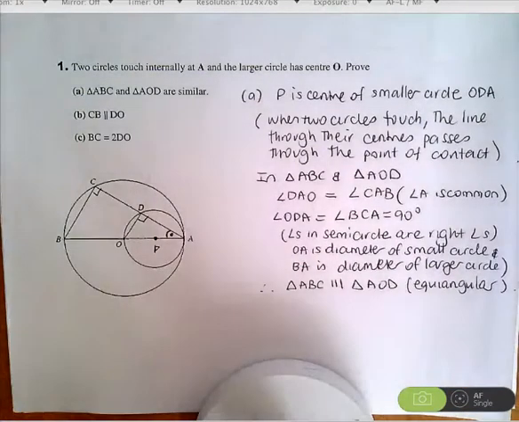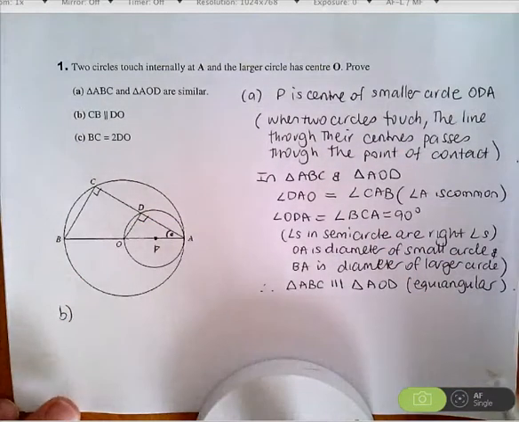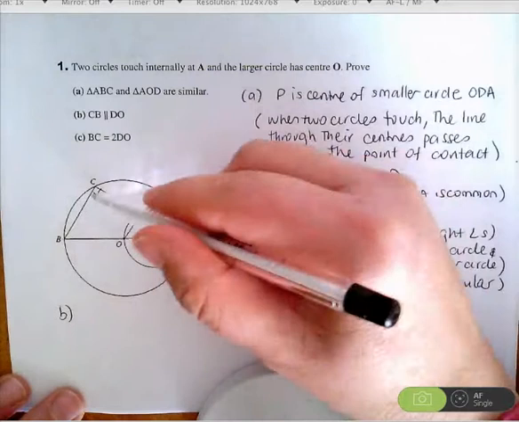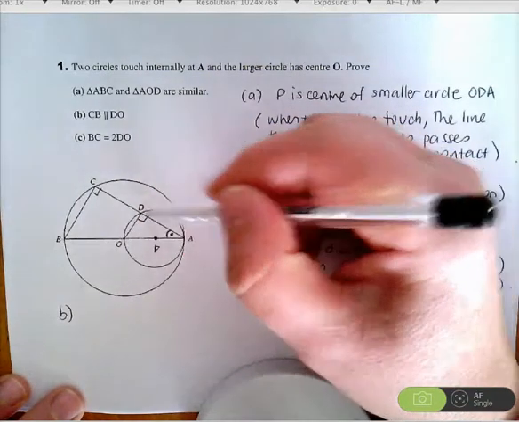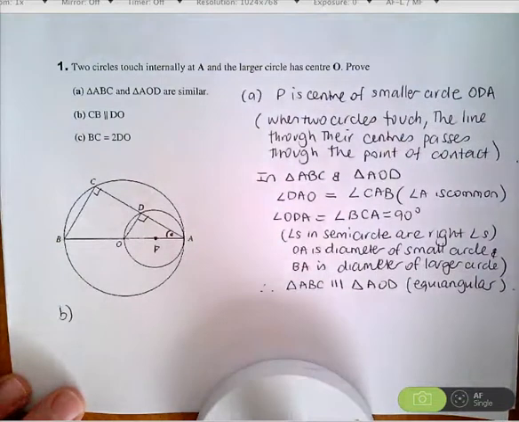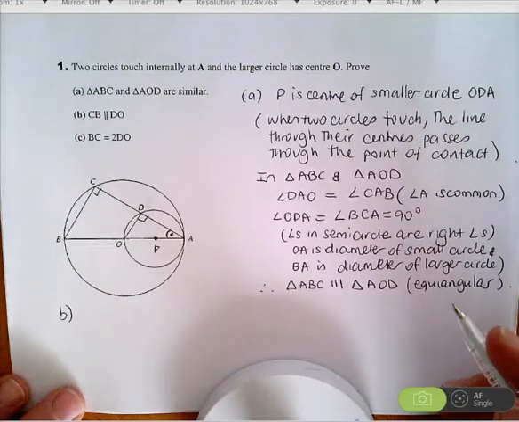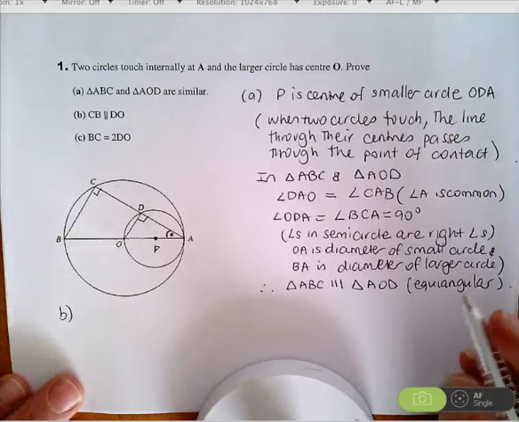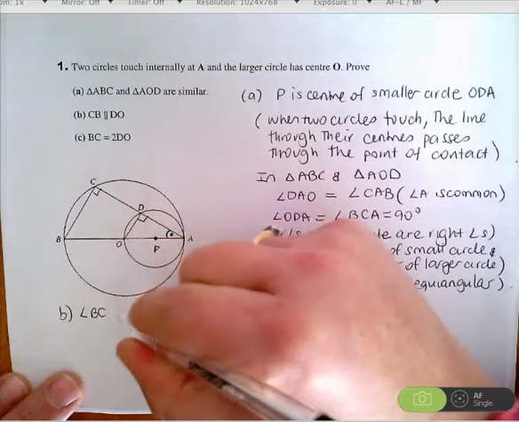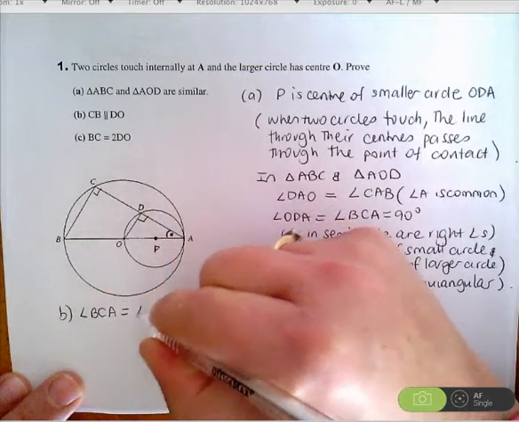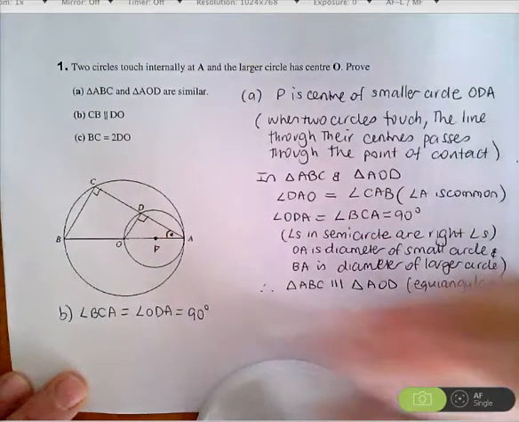We now have to prove in part B that CB is parallel to DO. And we've already got that actually, because angle BCA and angle ODA are both equal to 90, and they're also corresponding angles. Therefore, we can say that CB is parallel to DO because corresponding angles are equal. So we're going to start with that. Angle BCA is equal to angle ODA, which both equal 90 degrees.